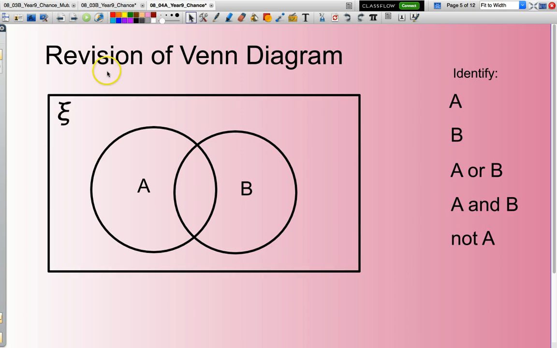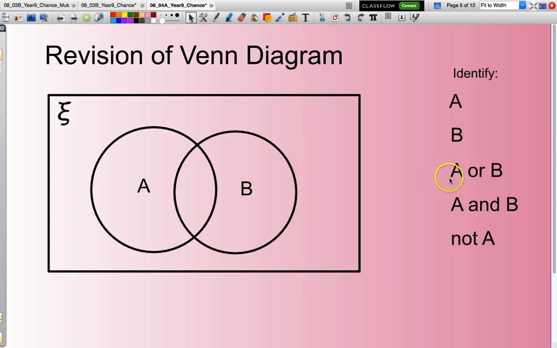Just as a recap of a Venn diagram, we have a universal set which is inside this rectangle. We have two sets in this diagram. Set A, all the elements inside that circle. Set B, all the elements inside this circle.